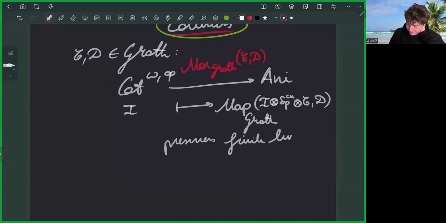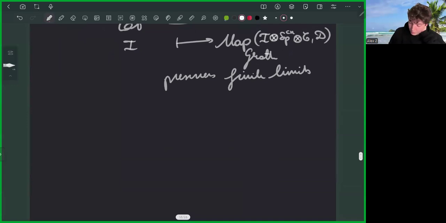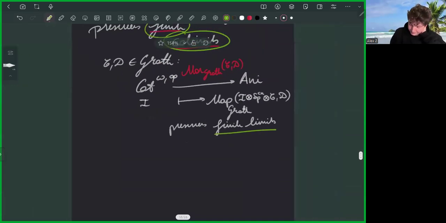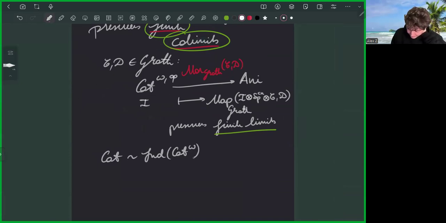And now we remind ourselves of one more fact, namely that Cat is equivalent to the Ind-completion of Cat^ω, but the Ind-completion of Cat^ω is the same as Lex, the left exact functors from Cat^ω op up to Ani.